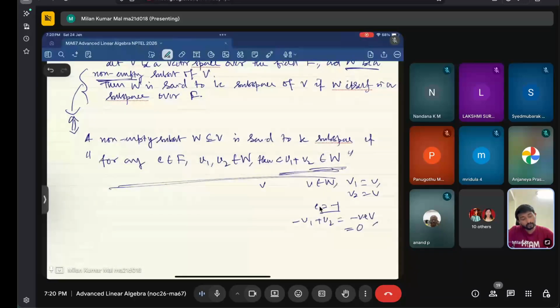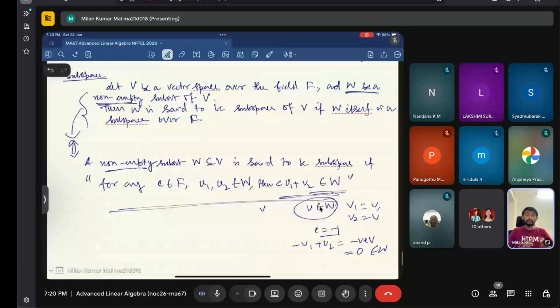That has to be in W, for any v. And we have taken that W is non-empty, so there will always exist an element v. This is the standing assumption: if we want a subspace, it has to be non-empty. Whenever W is non-empty there should exist an element v, and whenever you have v, choose v1 as v and v2 again as v. And the field has the minus, so c can be taken as -1.